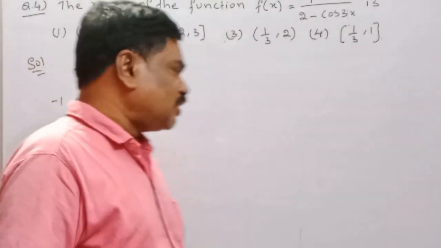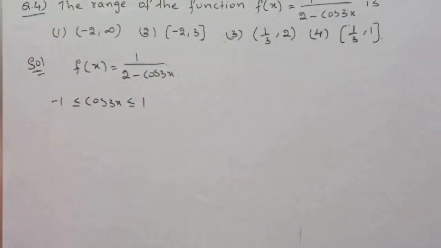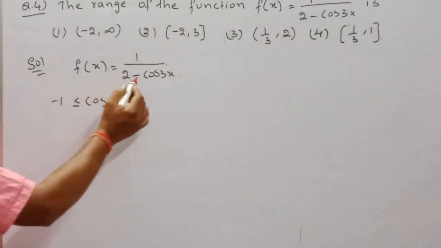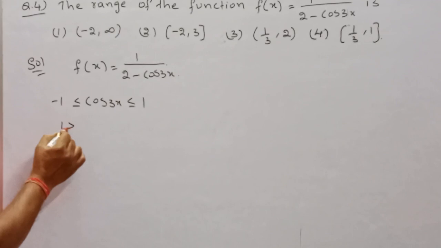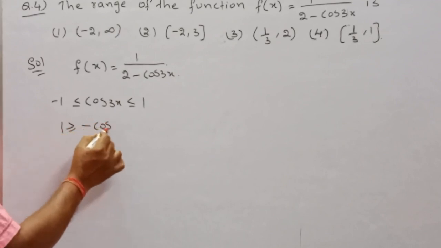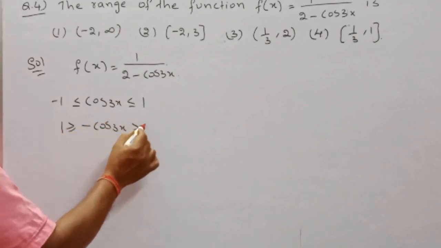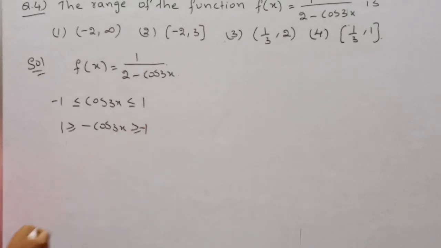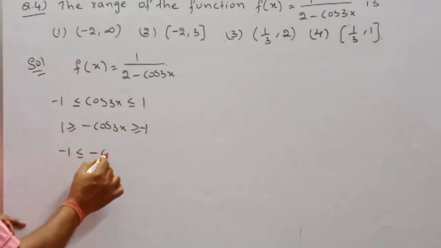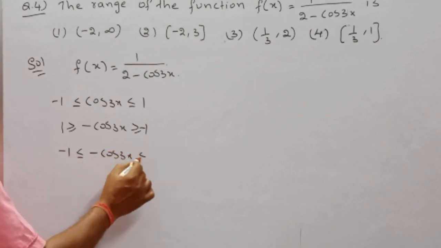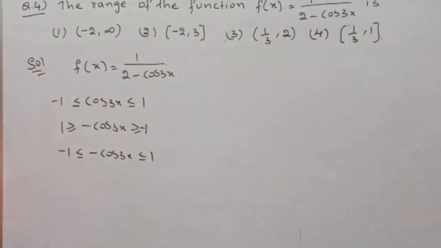This is the range of the cos function. Then minus cos 3x is there. So 1 greater than or equal to minus cos 3x greater than or equal to minus 1. So minus 1 less than or equal to minus cos 3x less than or equal to 1.